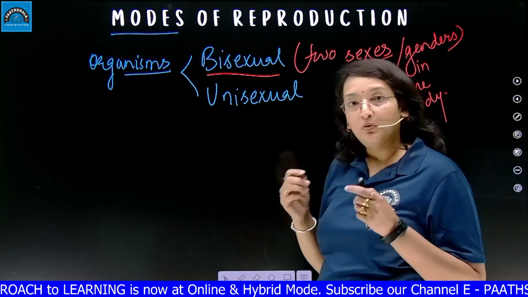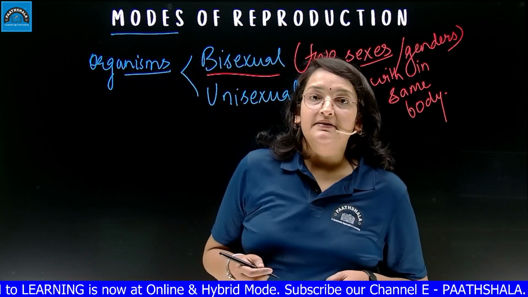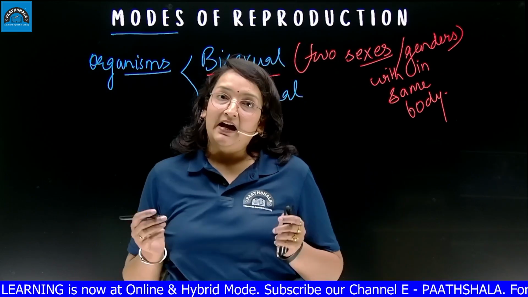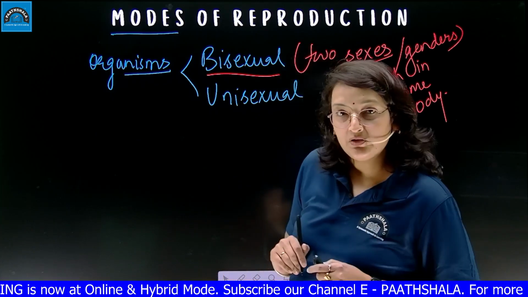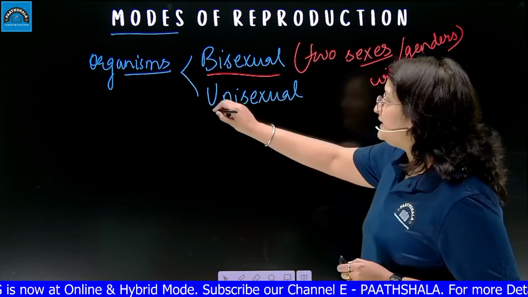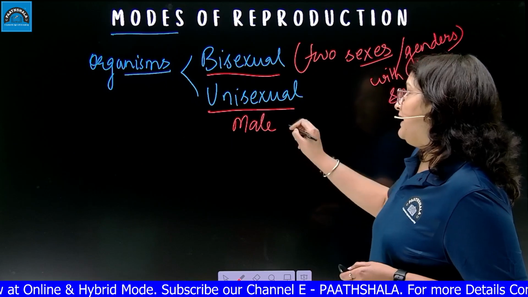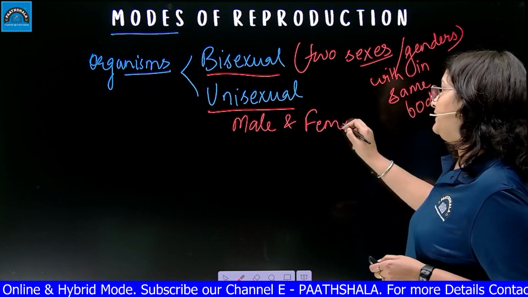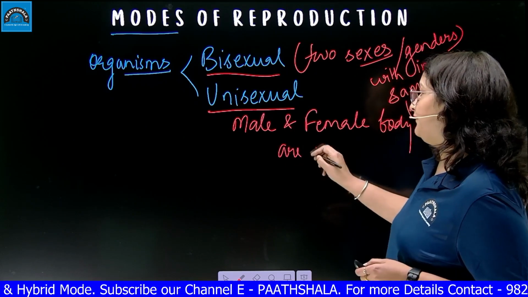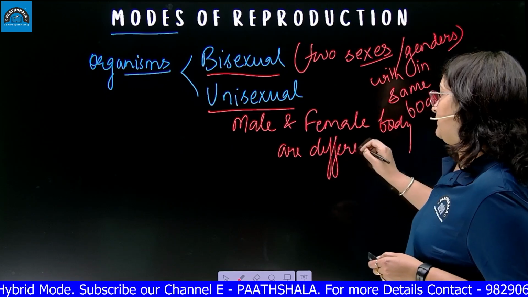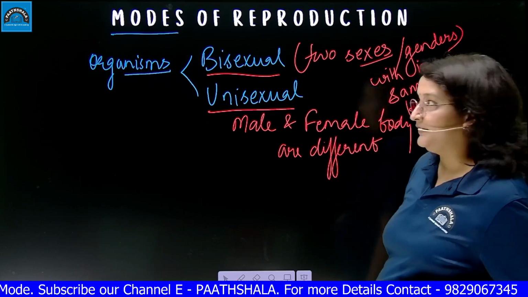That means both male and female reproductive structures are within the same body. Those organisms are called bisexual organisms, and those organisms where the male and the female bodies are different are called unisexual organisms.